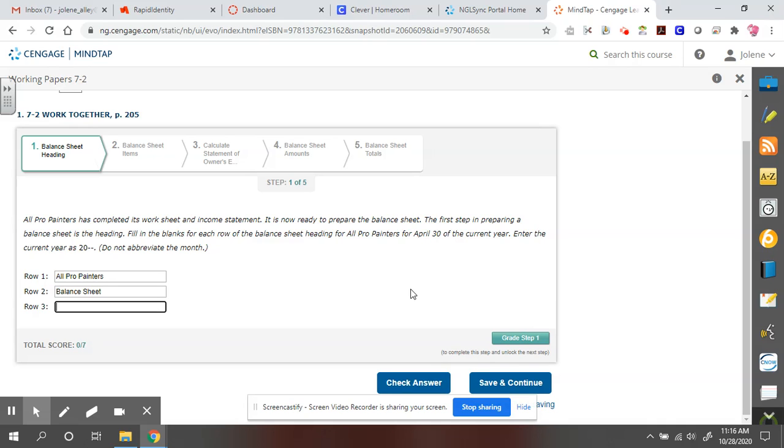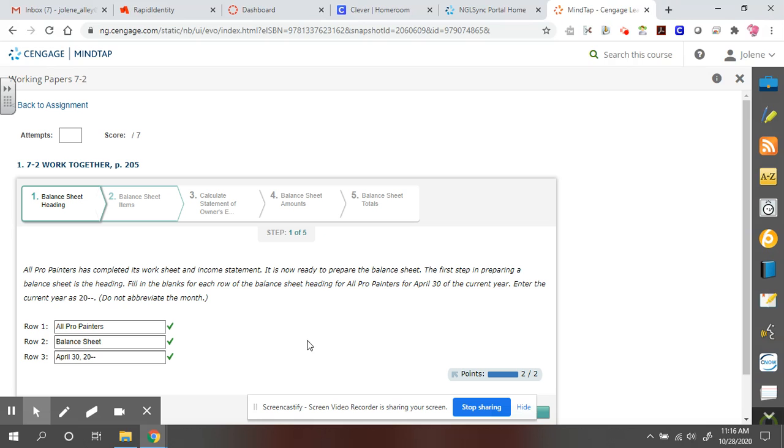So you have to put the day, and this says April 30th, 2000 dash dash, and I got that from the instructions here. Okay, so I'm going to ask it to grade step 1, and it likes it.